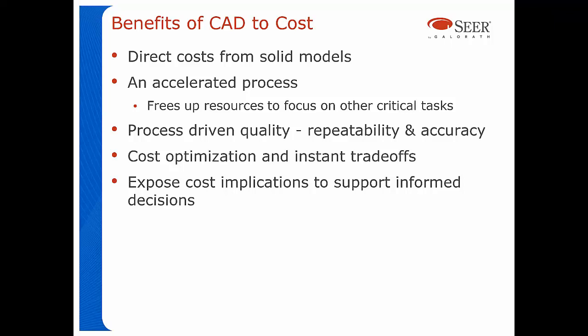It's a process-driven quality, so you get a repeatable and accurate process to develop your estimates. You can run cost optimization and do instant trade-offs within CATIA. And it helps to expose what the cost implications are for manufacturing to help support more informed decisions.